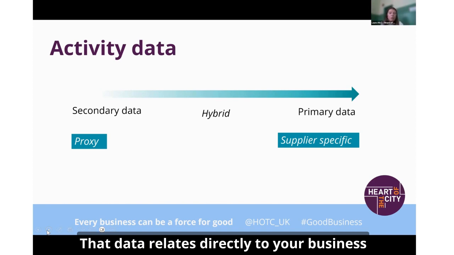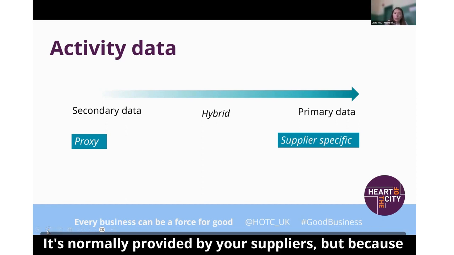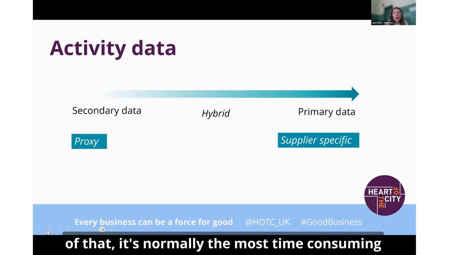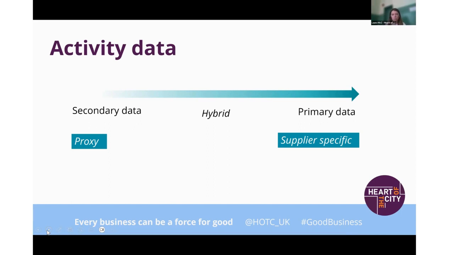It relates directly to your business, and you get it firsthand for the specific activity. It's normally provided by your suppliers, but because of that, it's normally the most time-consuming type of data to collect. So it's the most granular type, but also the most time-consuming.